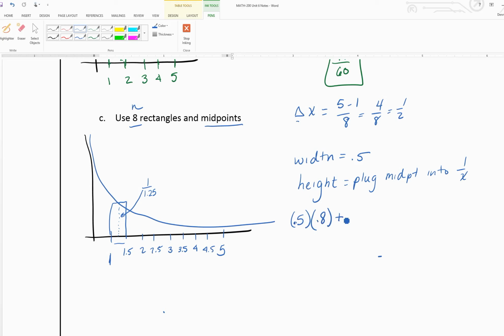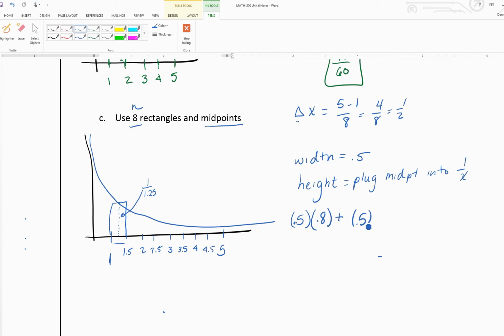Plus, so then our next midpoint between 1.5 and 2 would be 1.75. So we would plug 1.75 into 1 over x. So our width is still going to be 0.5.